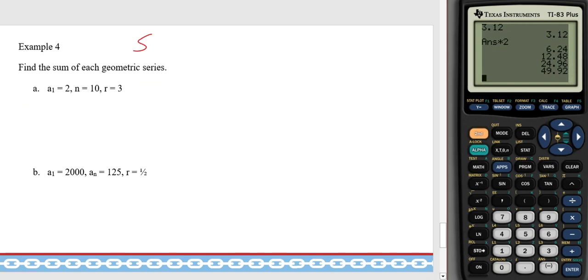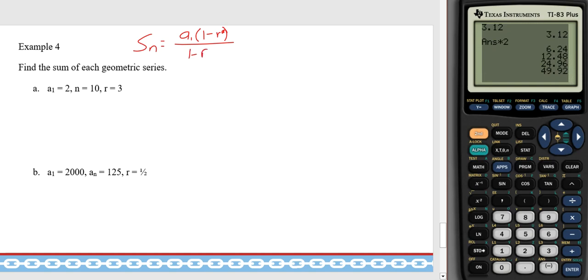So Sn is equal to a1 times 1 minus r to the n power, over 1 minus r.